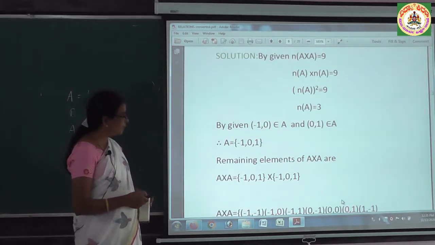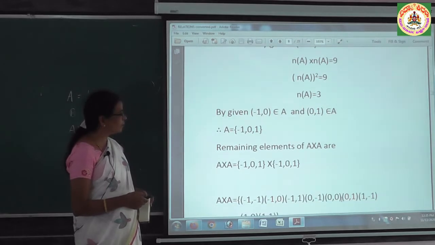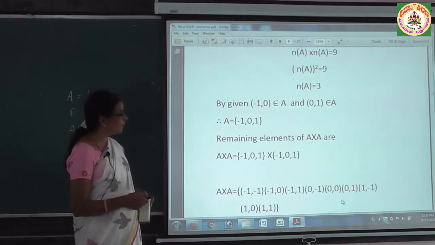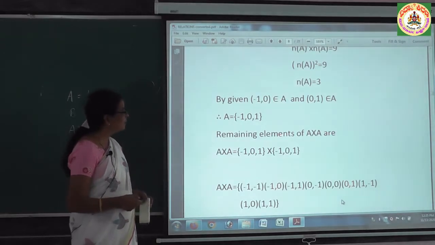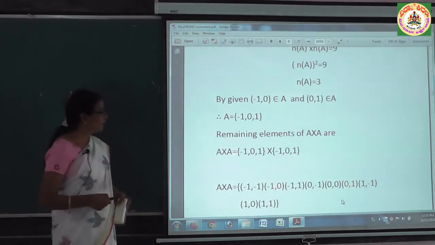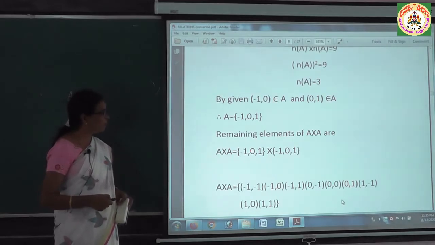We have A is equal to {-1, 0, 1}. The remaining elements of A cross A are found here: A cross A is equal to {-1, 0, 1} cross {-1, 0, 1}.